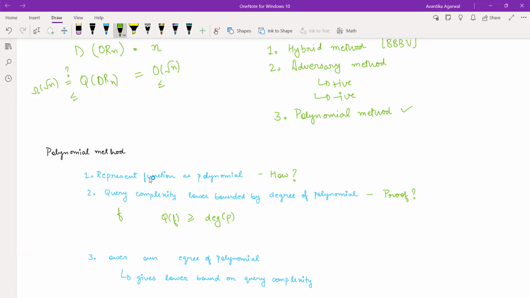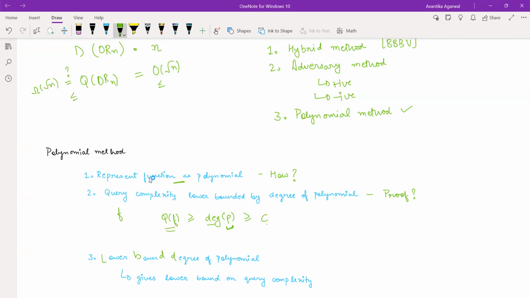This polynomial is basically the one we are talking about in the first step. Then once we have done this, it is clear that our third step would be to lower bound the degree of this polynomial p. Because so long as we have shown that the degree of p is greater than something, then we have shown a lower bound on the query complexity.